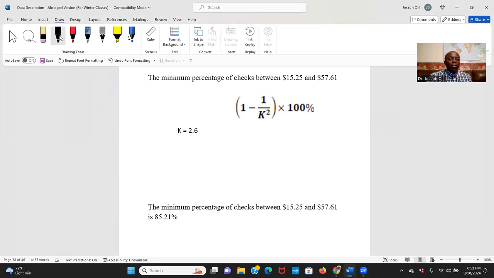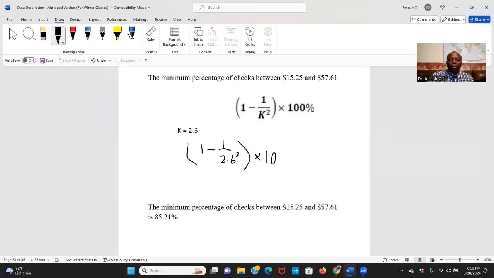1 minus 1 over 2.6 squared, times 100, percent.